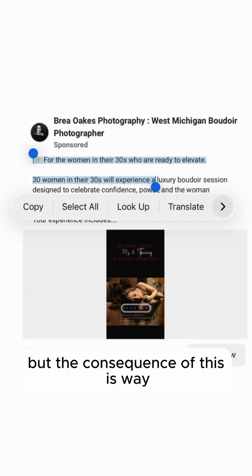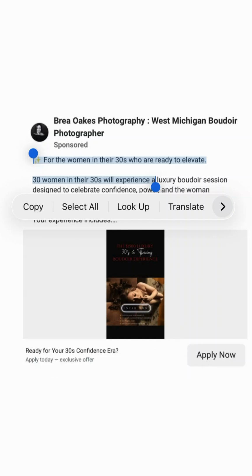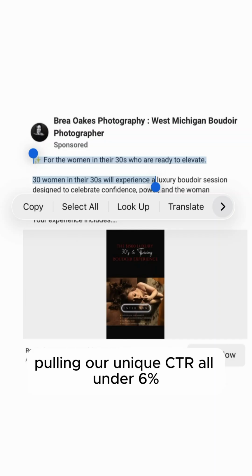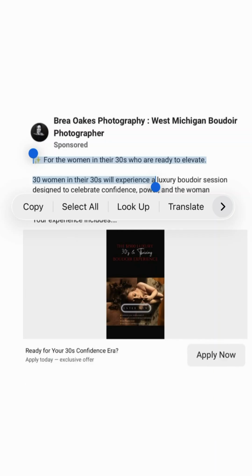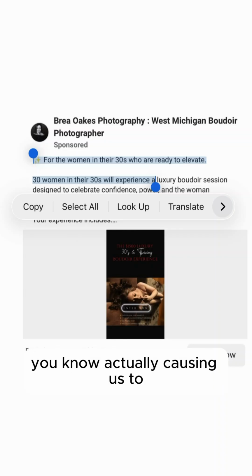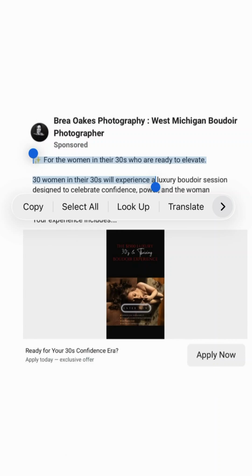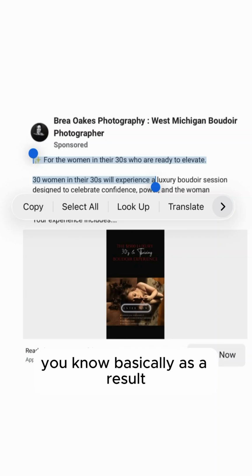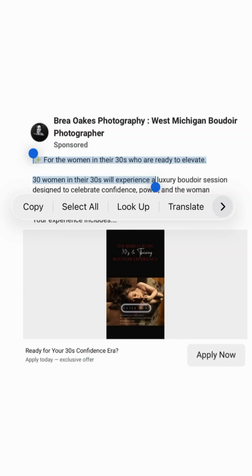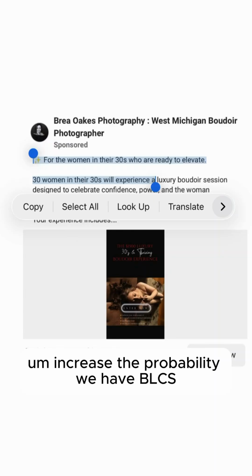But the consequence is way, way more women scrolling by our Boudoir Facebook ad than necessary, pulling our unique CTR under 6%, and increasing the probability of having BLCS, Boudoir low click syndrome.